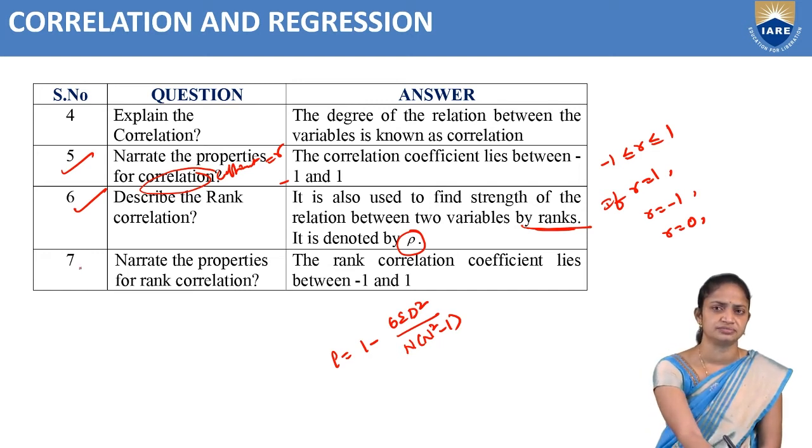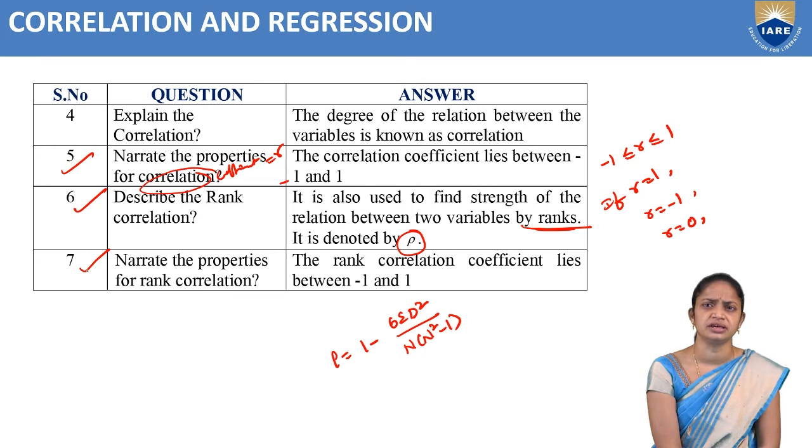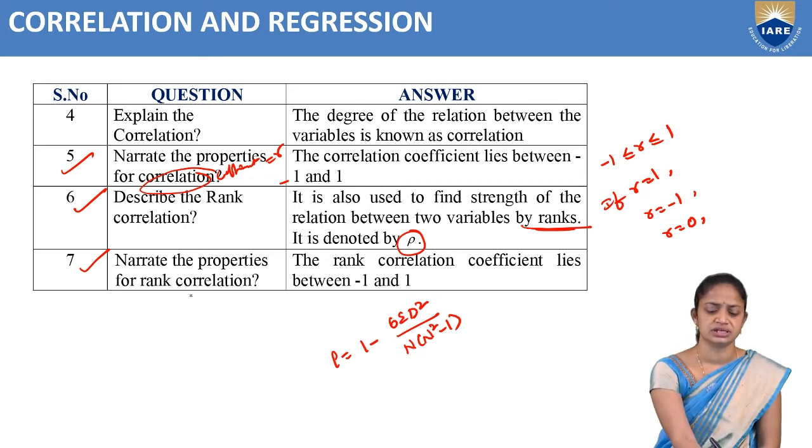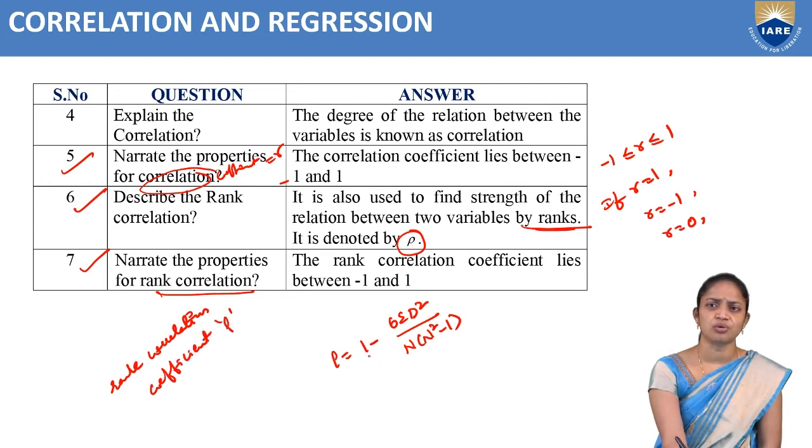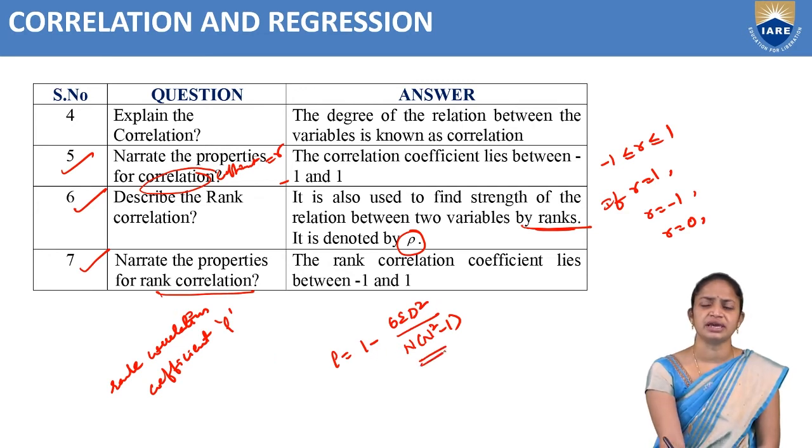Next definition. Narrate the properties of the rank correlation coefficient. The rank correlation coefficient is denoted with rho, where rho equals 1 minus 6 sigma d square divided by n into n square minus 1.